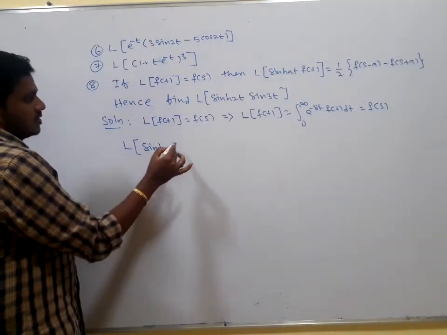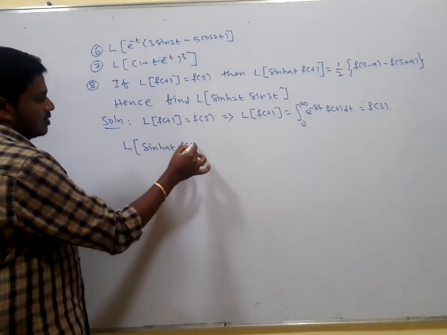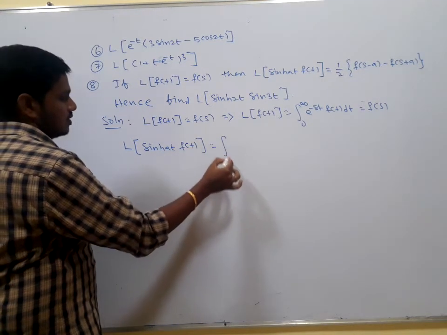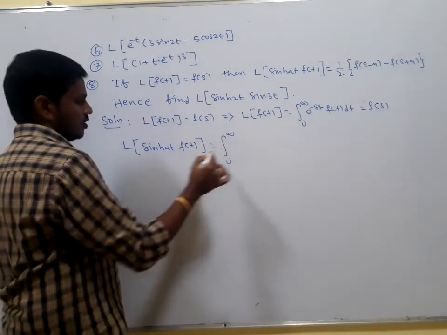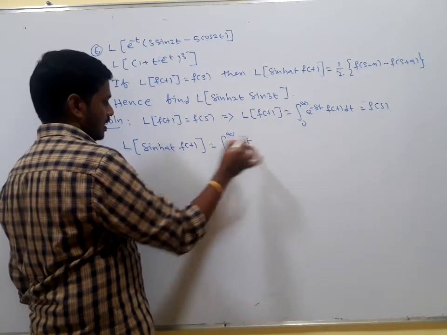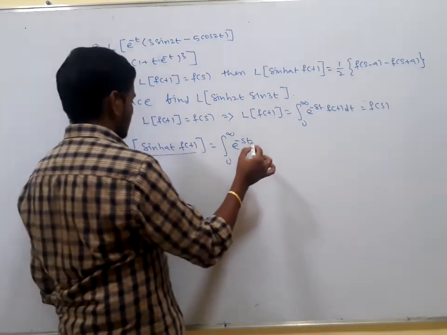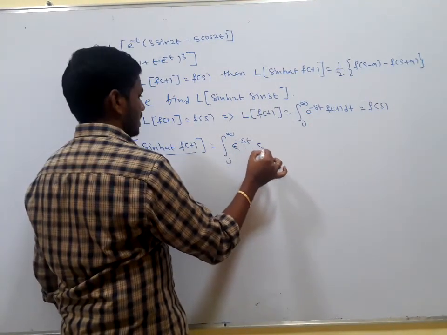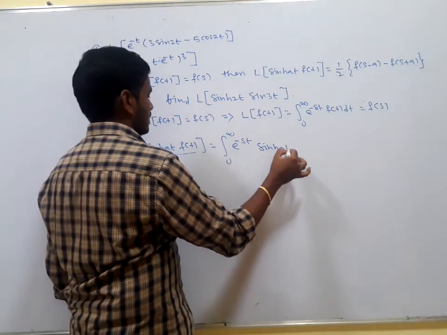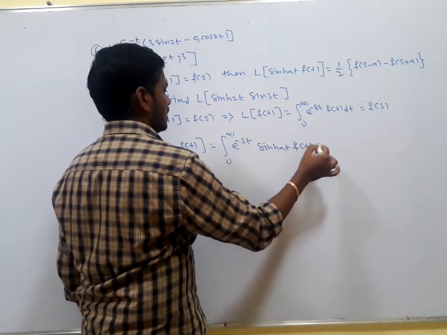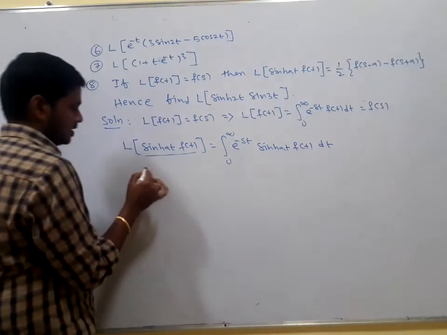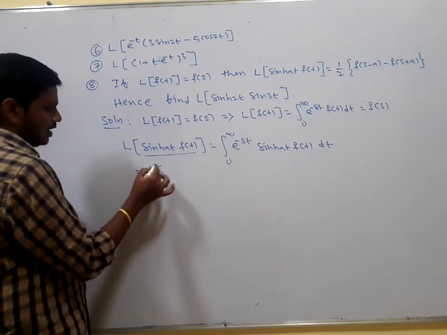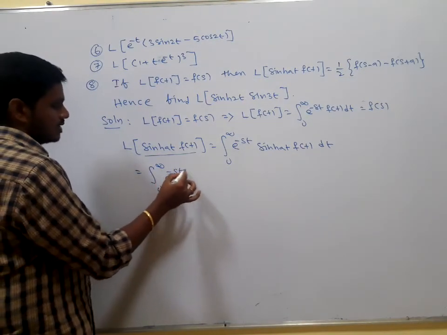This is also considered as a formula. Go for the definition, integral 0 to infinity e to the power of minus st. The function is replaced by this one, no? So sin hat f of t dt.